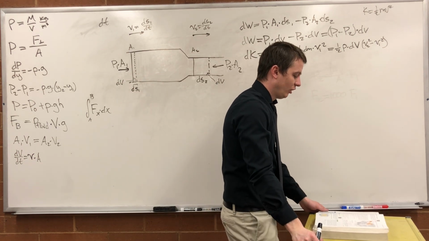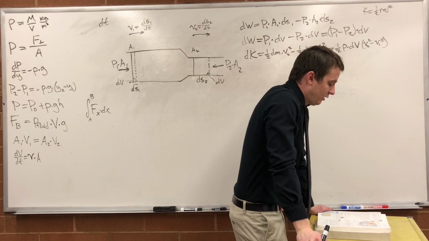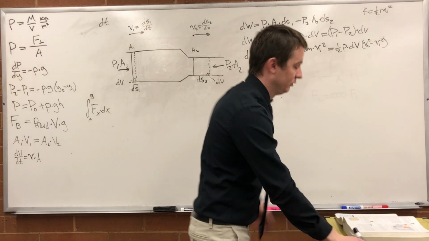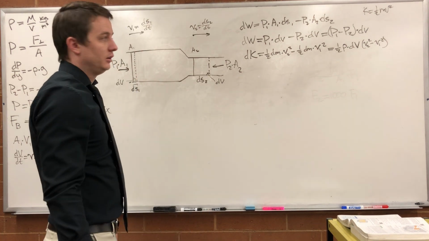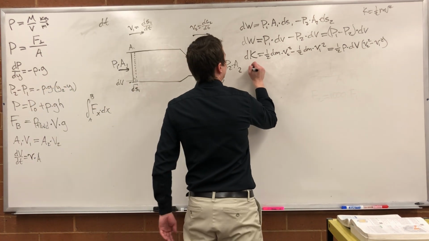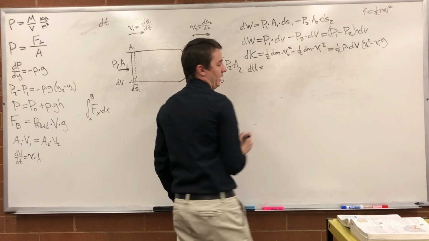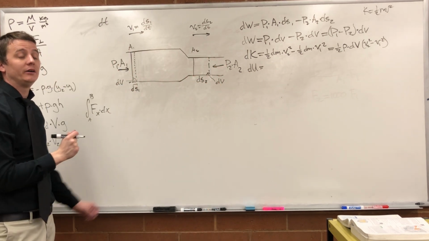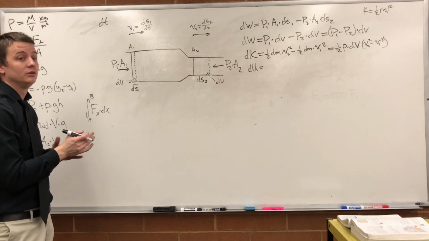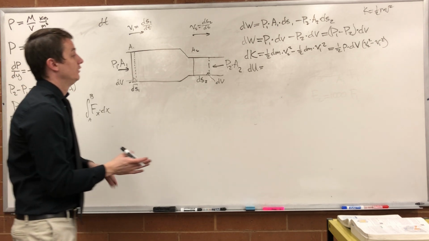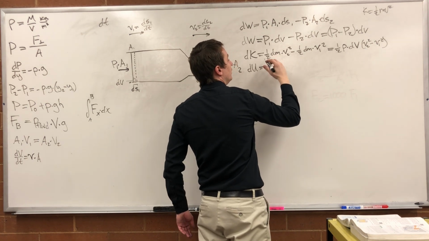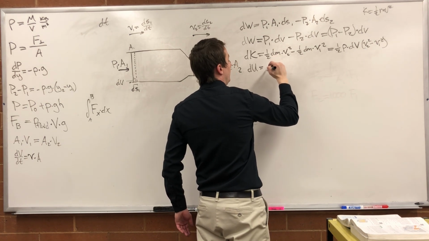And now we need to find our infinitesimal change in potential energy. And it's just the same process basically, right? Yeah, potential energy is the easiest one because when you have water flowing through a pipe or fluids flowing through something, all we care about is gravitational potential energy. And so the change in potential energy here is going to just be mass.